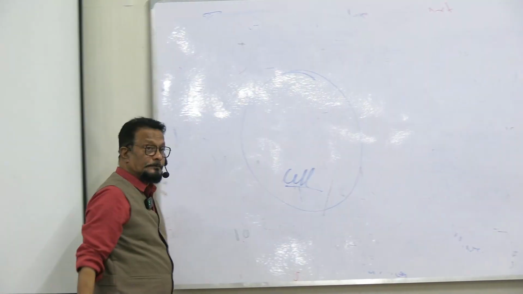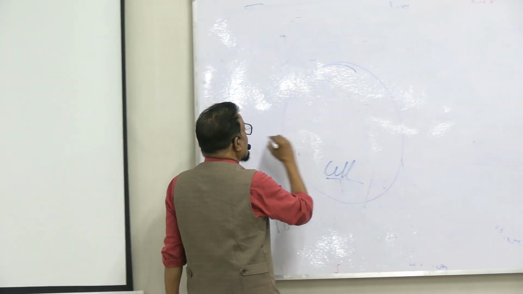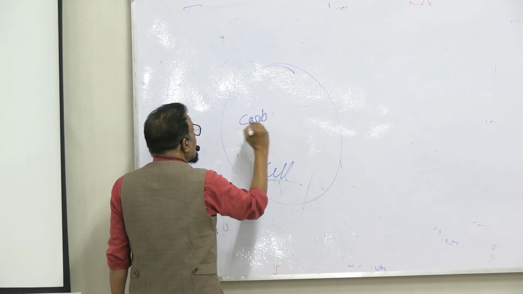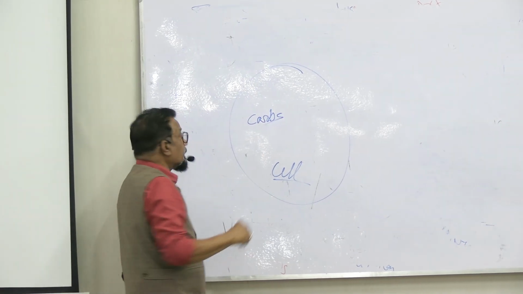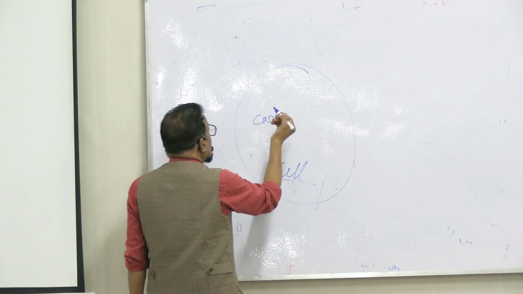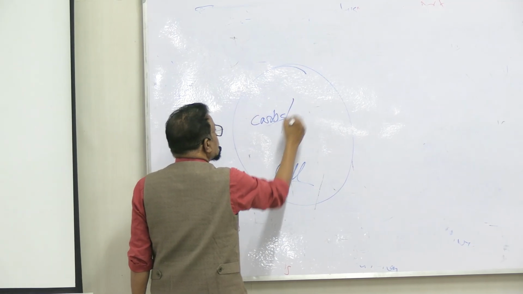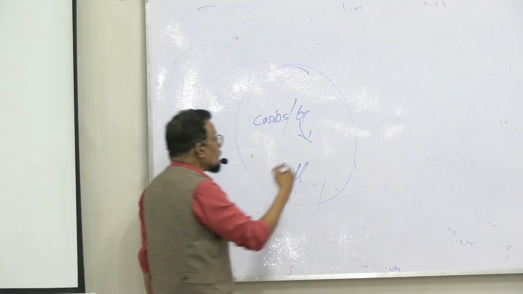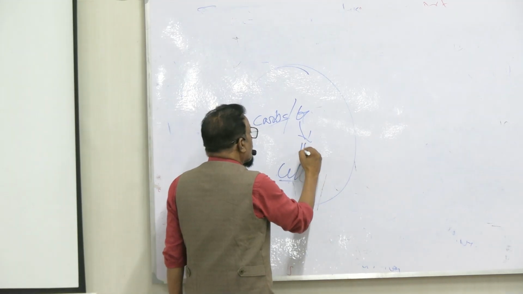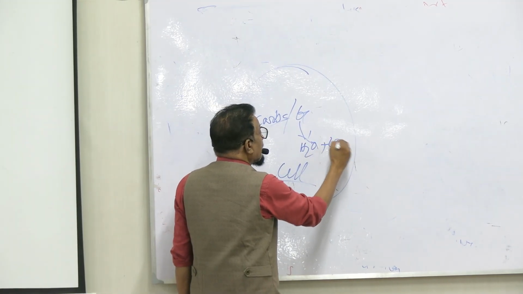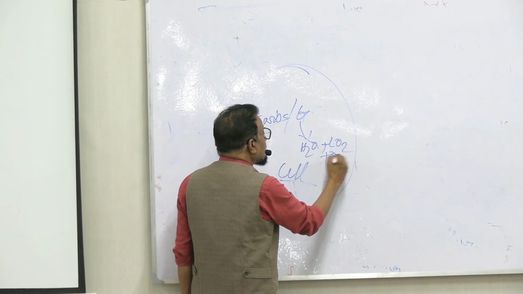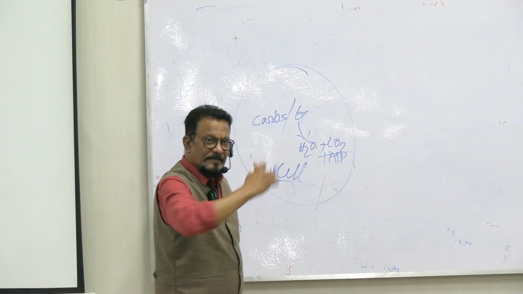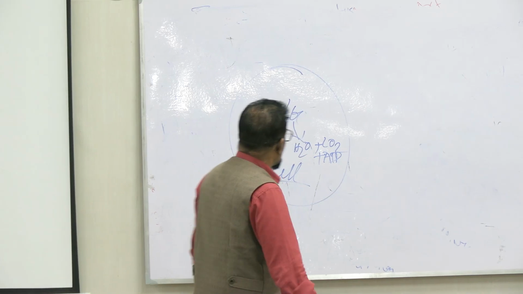So this is the cell. So here what happens? Carbs, they are glucose, they are oxidized into water, carbon dioxide and ATP through various enzymatic mechanisms.